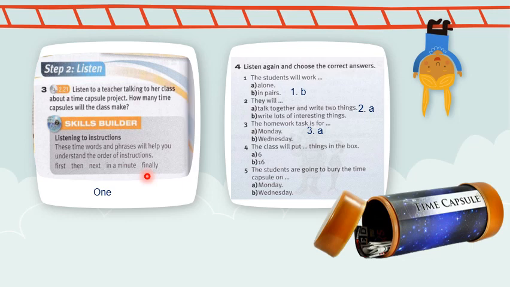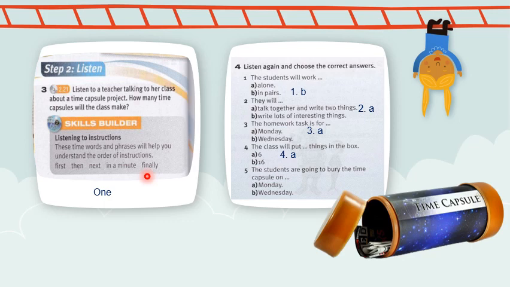Then on Monday, we'll choose the 6 most interesting things and we'll put them in our time capsule. Will we bury it somewhere, miss? Yes, but not on Monday. On Monday, we'll look at the things you bring in, choose the 6 most interesting, and put them in the box.